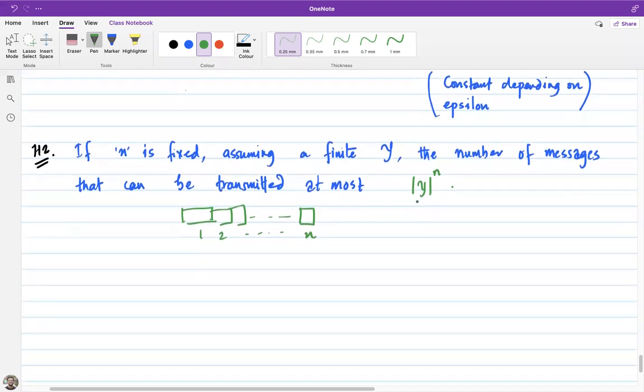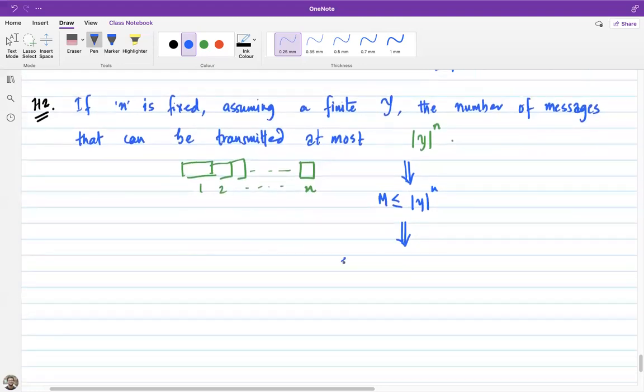So now note that if this is the case, that you send out all these messages, then this statement, the English statement that you see here, essentially means that m has to be less than this thing, and this implies that the equality holds when m is equal to this, and that is the case when you don't add any amount of redundancy.